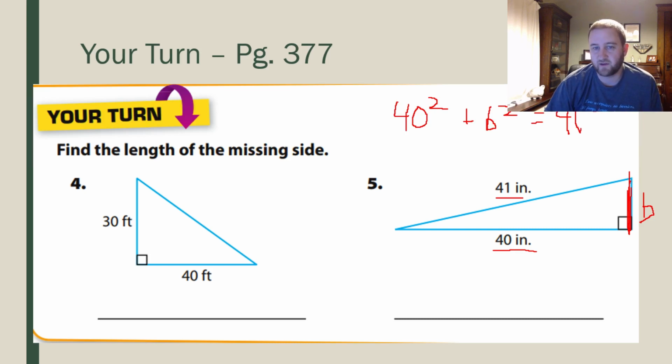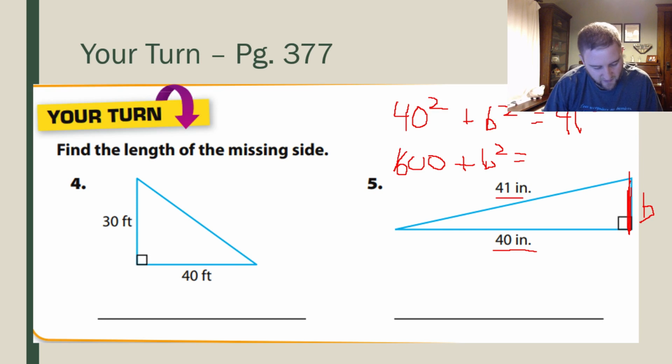We could have said that 40 is b, and that doesn't really matter. Again, the legs, it can be a or b. So 40 squared, again, is 1600 plus b squared equals 41 squared. 41 squared is 1,681.